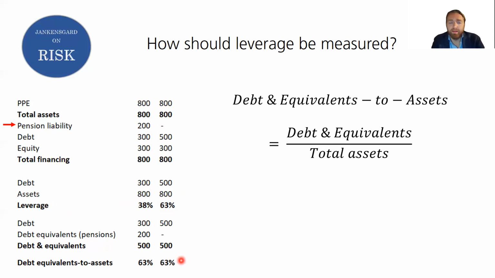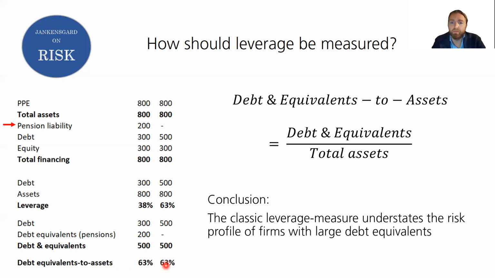We see through that and we realize that debt and these pension liabilities are largely equivalent. So this measure picks up on that, which is an advantage then. So another conclusion is that the classic leverage measure understates the risk profile of firms with large debt equivalents. So there's a chance to improve things somewhat by using debt equivalents rather in the numerator.